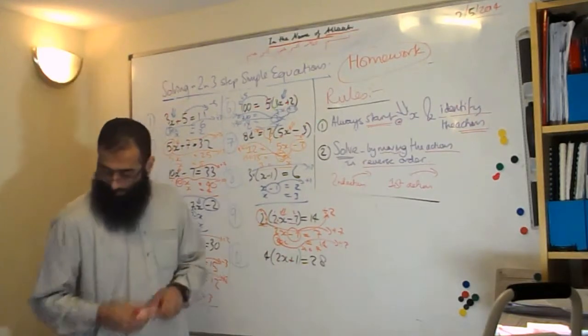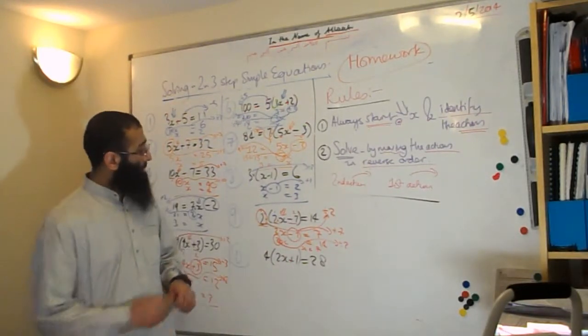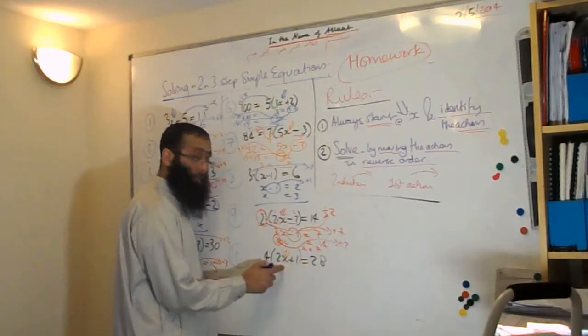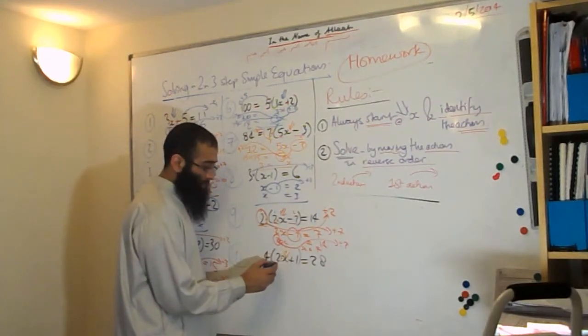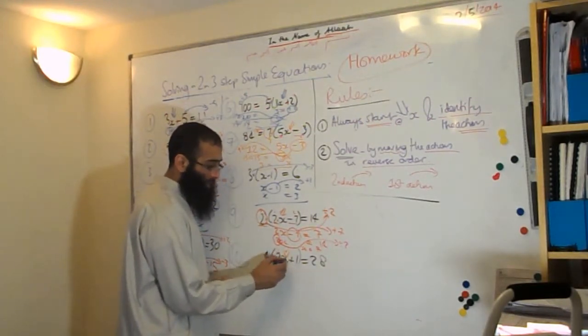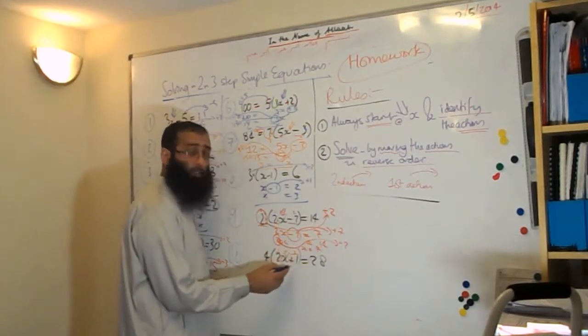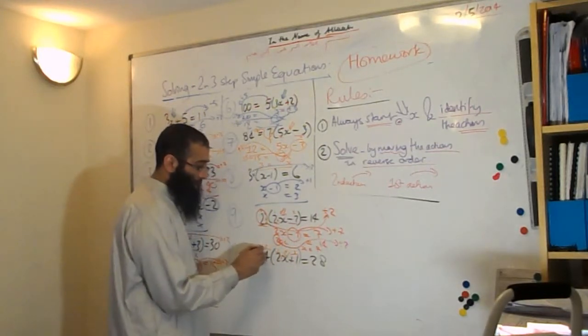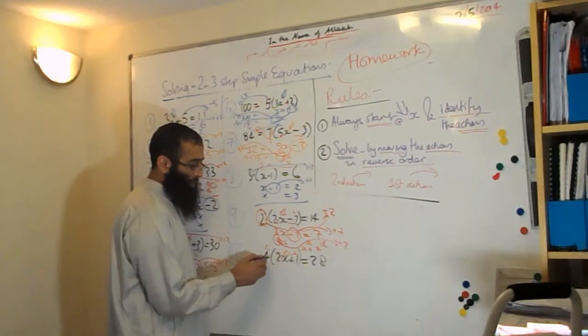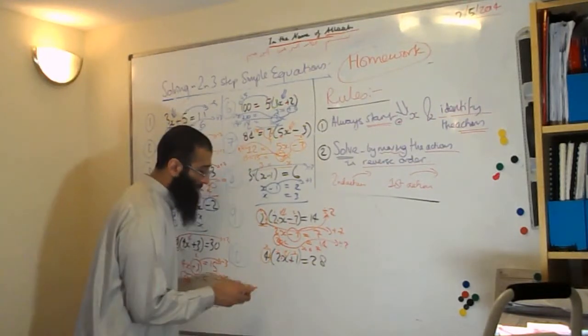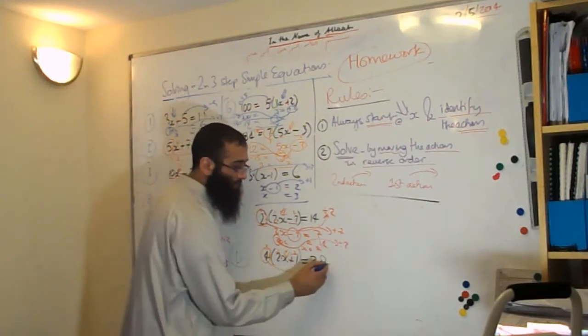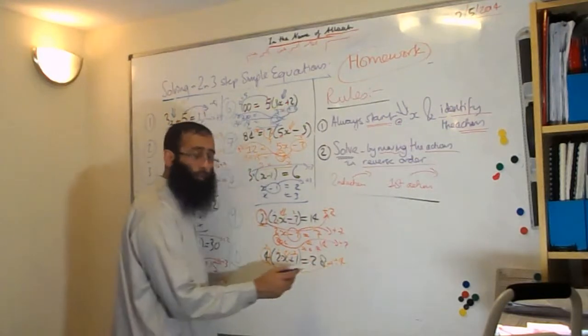Next question. Start of the x, it's been times by 2. It's the first action, then it's been added by 1. Second action, then all that has been times by 4. Third action, so we move the third action first. So opposite times by 4 is divide by 4.